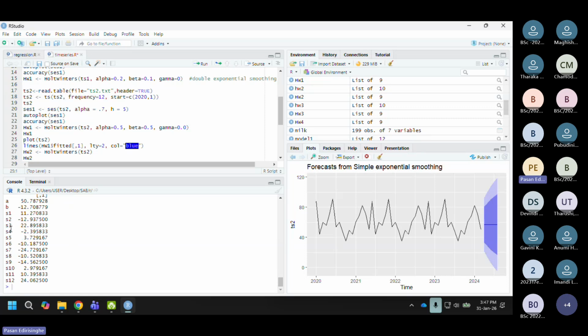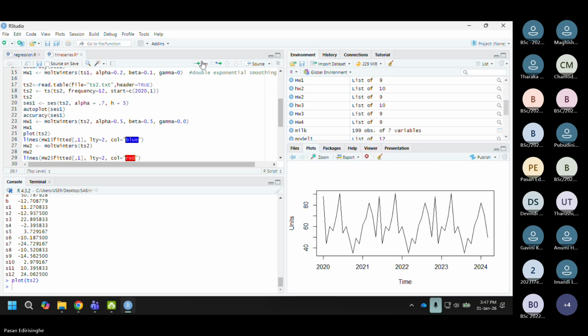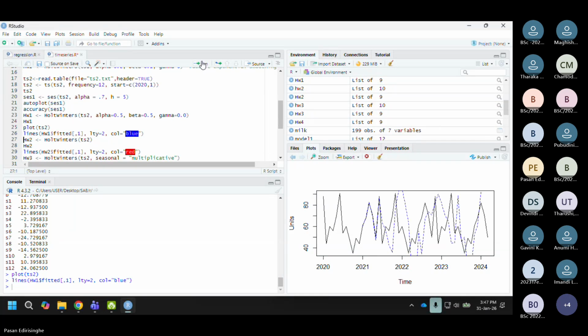Once you run that one, they are giving us some coefficients. A and B are the two coefficients, but one of those fields might be the predictions actually. Now I'm having the plot of my original data.